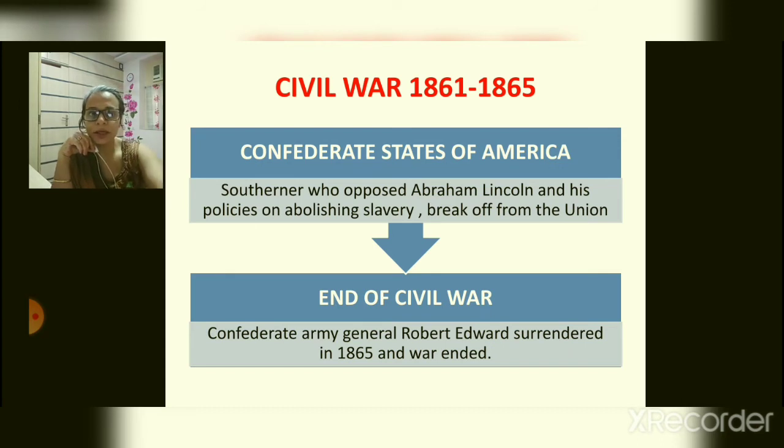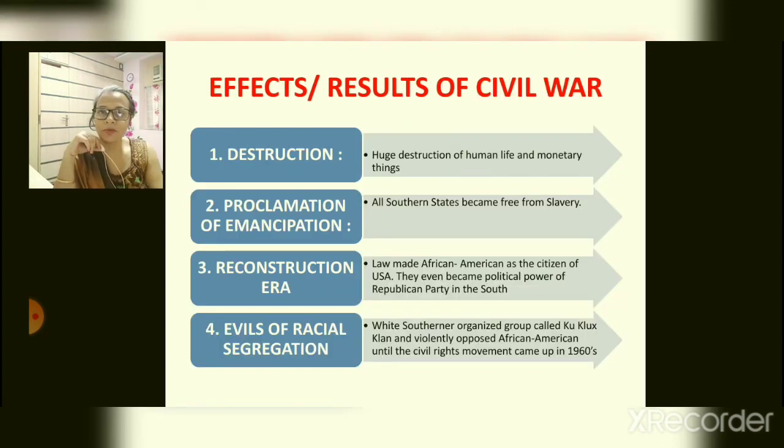All right. Now, as we know, every war has effects, results, good way, bad way, whatever way. Generally, those are the bad ones, but even good laws come up. So let's see what was the bad one. Destruction, definitely a bad one.